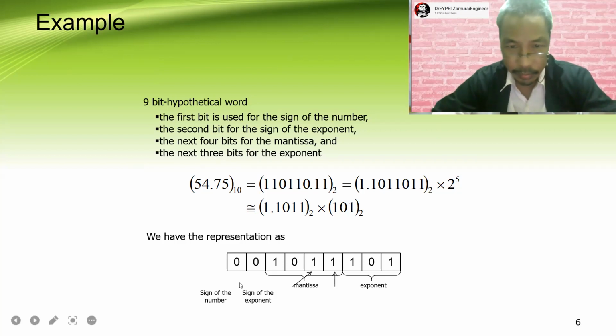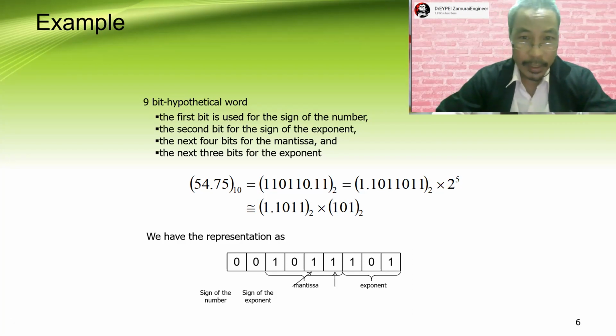So, take a look. The first bit is for the sign. What is that? Sign of the number. The number is different from the exponent. So the first bit is sign of the number.